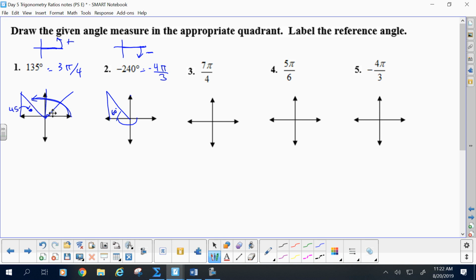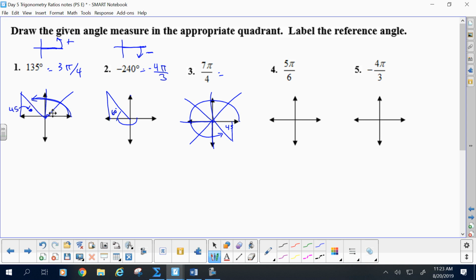7 pi over 4. What's every pi over 4? 45 degrees. So we're going to go 1, 2, 3, 4, 5, 6, 7. So it goes whoosh, 7 pi over 4s. That's not as easy. Wouldn't you agree that the angle with the x-axis is a 45-degree angle? 7 45-degree angles.